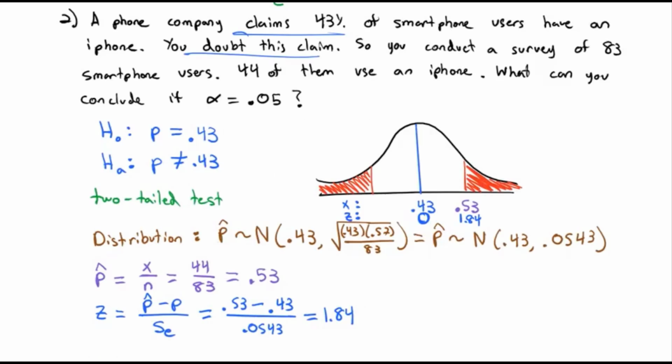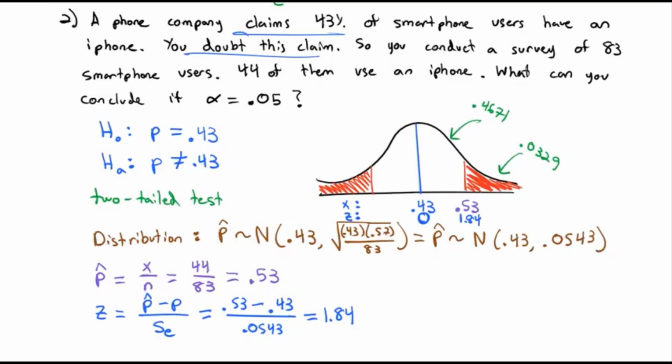But remember, with that area of 0.4671, that is the area in white, 0.4671. We are interested in the area in the tail. To get the tail, we have to subtract from 0.5. That'll give us 0.0329.